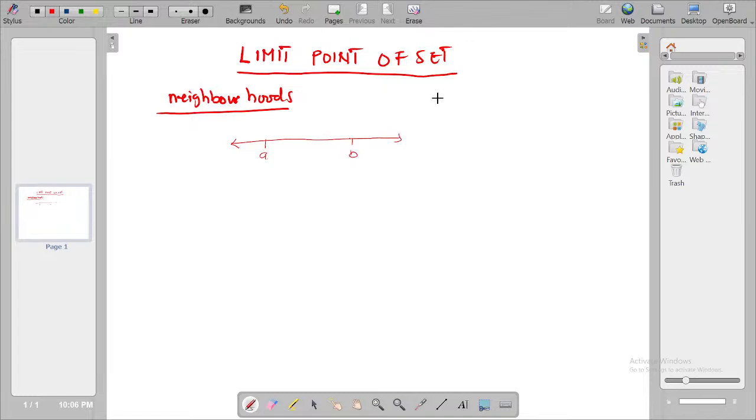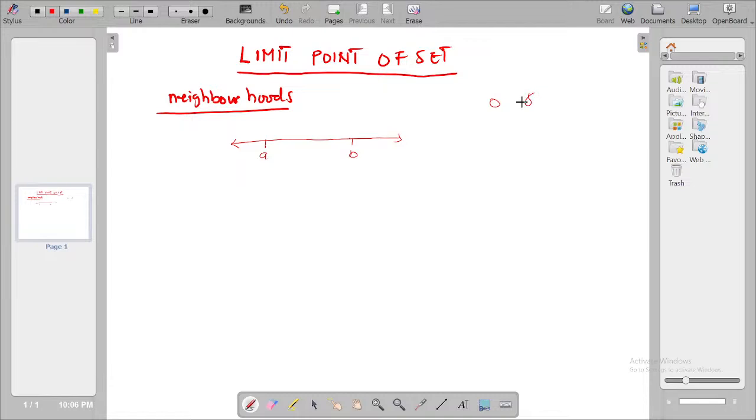Given any point, let's say 0, I'll ask you to create a neighborhood around 0. But to create a neighborhood, you need what you call a radius. Because in a community, there is the extent to which you go to create a neighborhood around you. In neighborhoods, we always use a very small delta, which is the same as the radius.